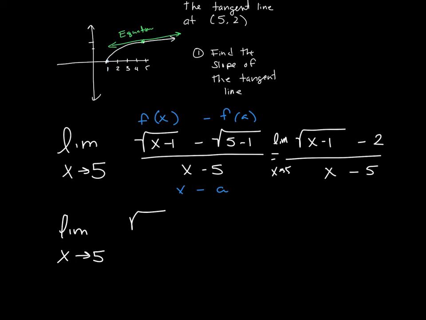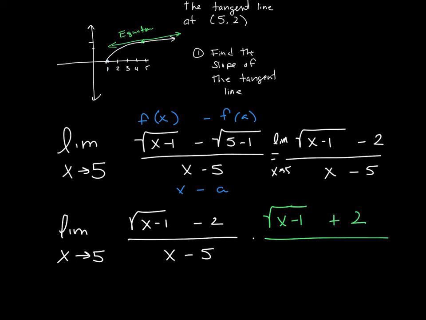So I want to take that square root of x minus 1 minus 2 over x minus 5 and rationalize the numerator. So we're going to multiply both the top and the bottom by the square root of x minus 1 plus 2.